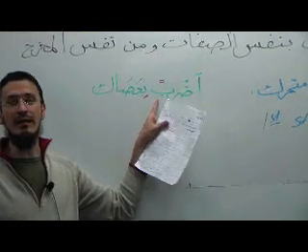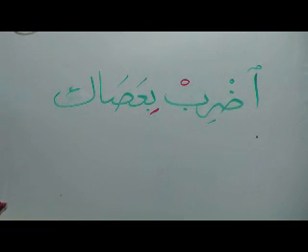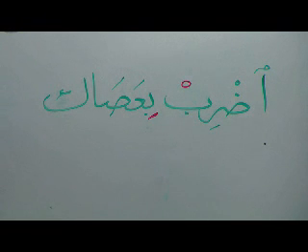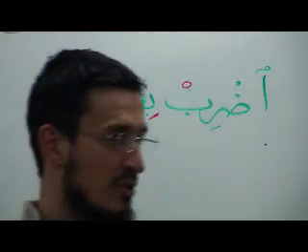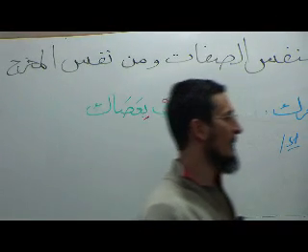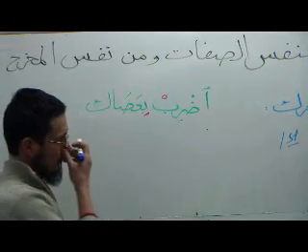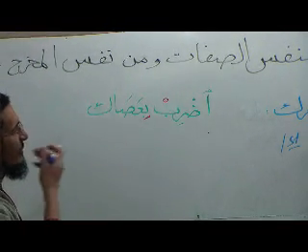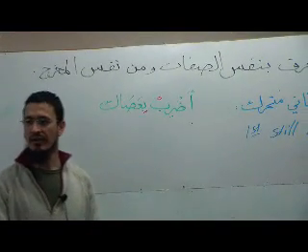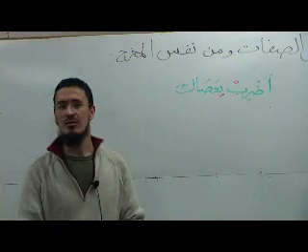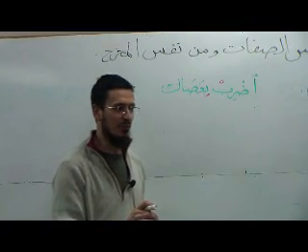So, now, this is second, right? And what do I do with a ba that has sukun on it? Qalqala, right? I do qalqala, right? قط وجد. I should be saying اضرب, right? اضرب بعصاك. No. That's the key word here.